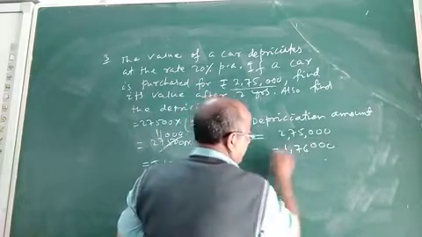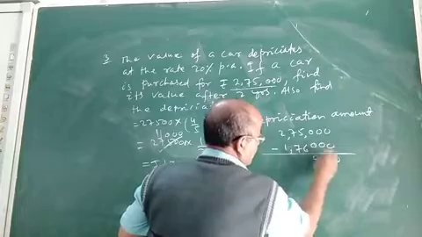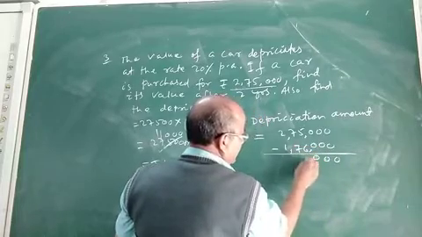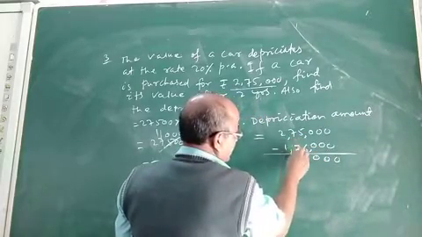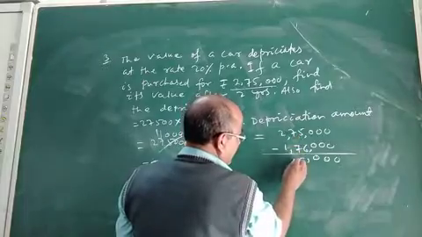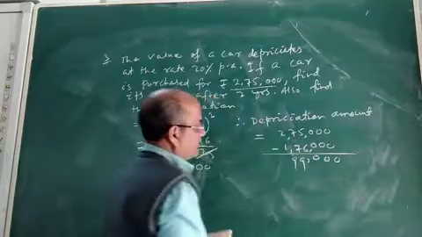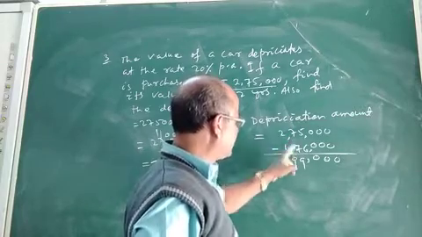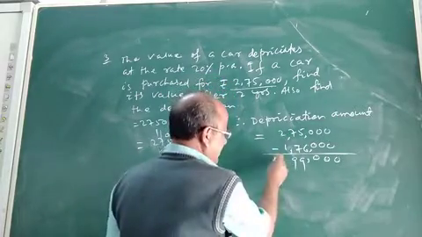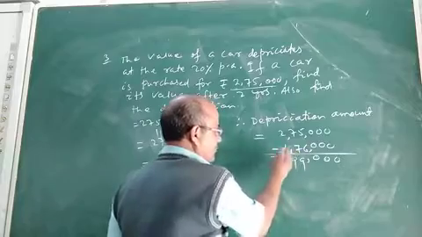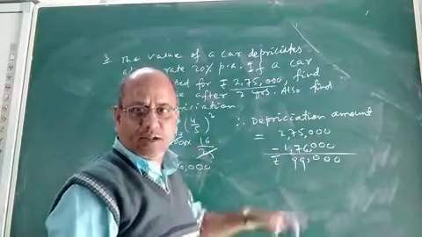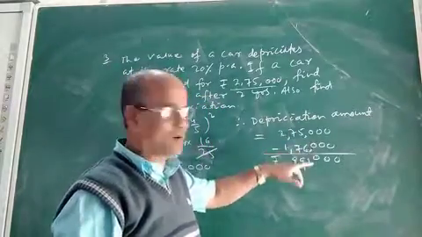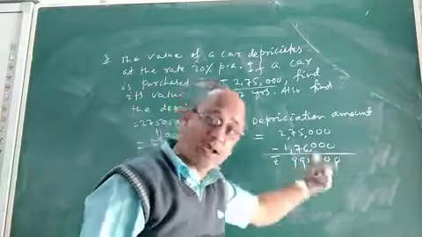You subtract the two. Okay, 0, 0, 0. Then 15 minus 6 is 9. 16 minus 7 is 9. 99,000. You see, the depreciated amount, that means the price of the car will be depreciated by 99,000 after 2 years.